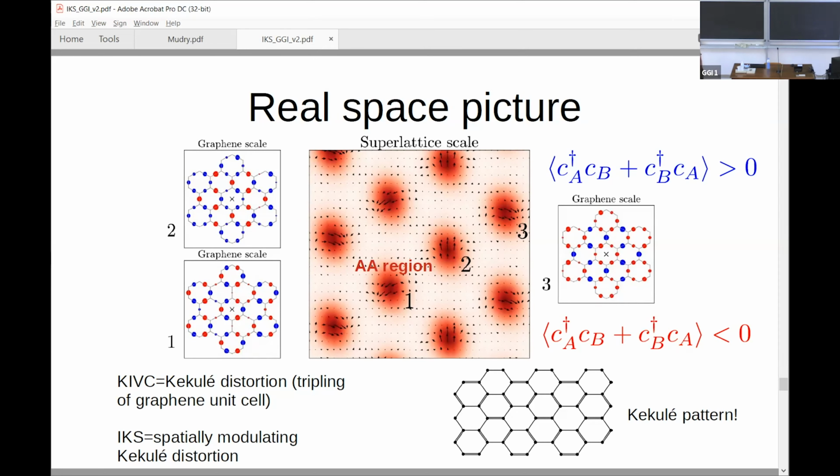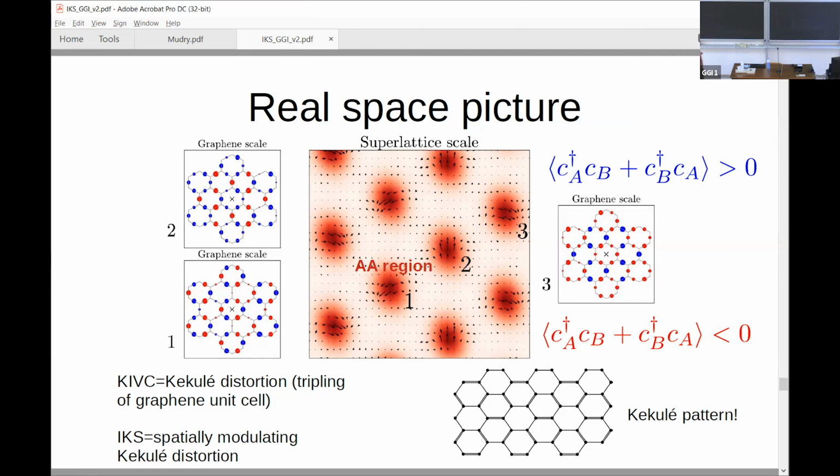And this results in a tripling of the unit cell. You can show that if you connect the two valleys by a wave vector, this corresponds to tripling of the unit cell. And if you look at this tripling of the unit cell in real space, it gives you this sort of Kekule pattern, where you can see that if you go around this hexagon, around the black cross, you've got this sort of plus minus sign of the bond order parameter.